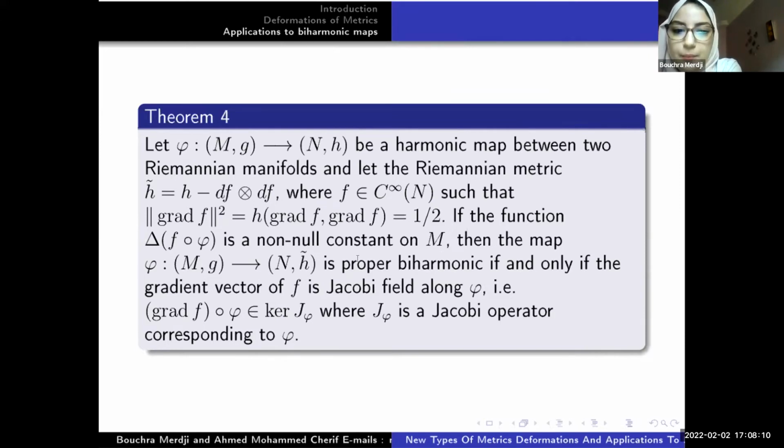And what we mean by proper biharmonic map is that this map is biharmonic, non-harmonic.